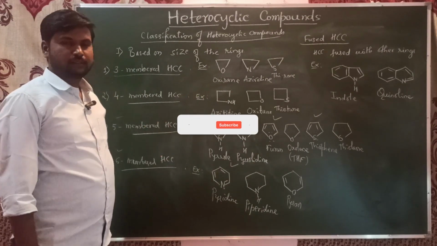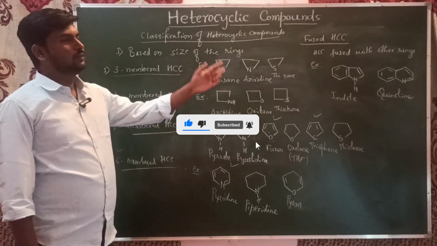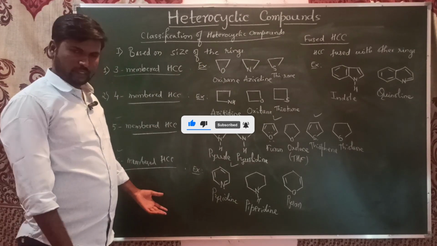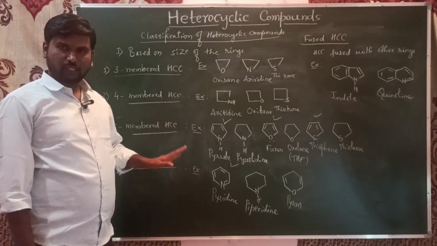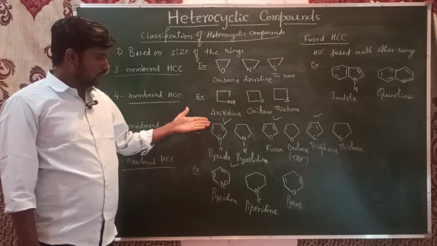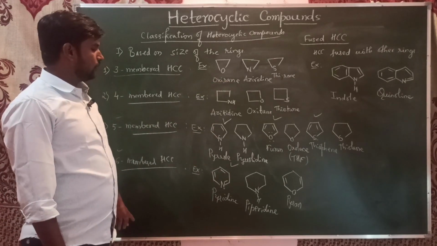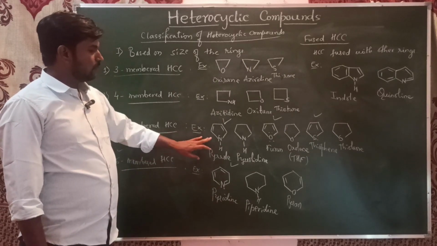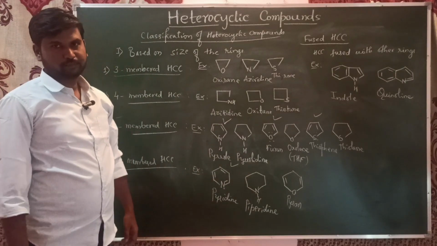Give an example. You can also write seven-membered ones, but usually five-membered and six-membered are very important, especially the aromatic ones. And in this chapter, we are going to study in detail pyrrole, furan, thiophene, and pyridine.